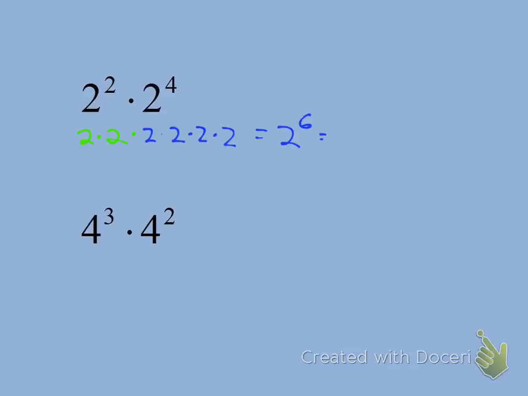So down below, if you would rewrite those, that would be what? 4 to the 5th. It's going to give you the same answer as if you took 4 times 4 times 4 times 4 times 4 by hand, or if you did 4 to the 5th in your calculator. Either way, same thing.